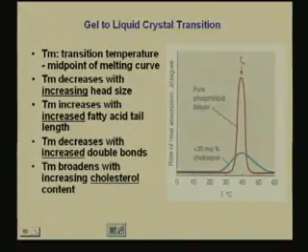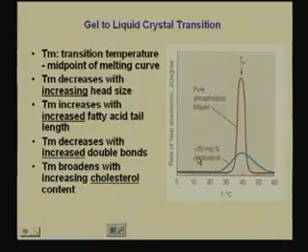If we have any property that is going to disrupt the structure, we will have a lower Tm. So, if we have increasing head size that is not going to allow a proper packing, we are going to have decreased Tm. If we have long fatty acid chains, then it is going to be harder to disrupt the fatty acid chain packing, we will have a higher Tm. If we have increased double bonds, we have increased number of kinks, increased disruption, Tm is going to decrease.